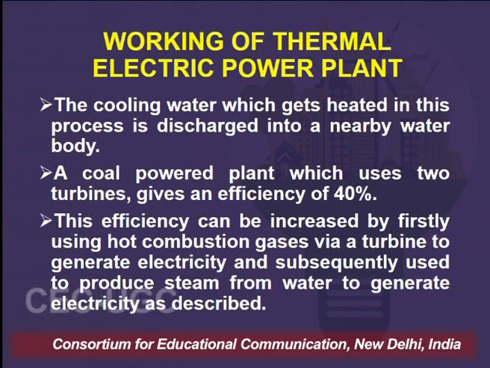After that, the cooling water which gets heated in this process is discharged into a nearby water body, and this results in an increase in the average temperature of the water body. A coal power plant which uses 2 turbines gives an efficiency of around 40%.